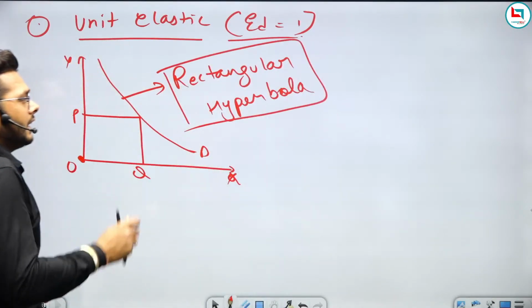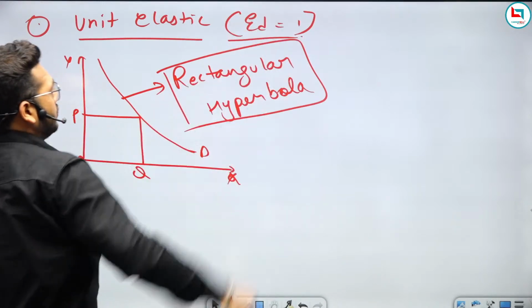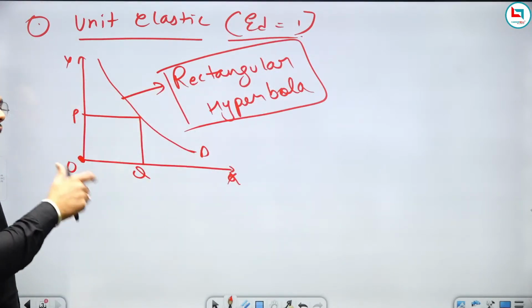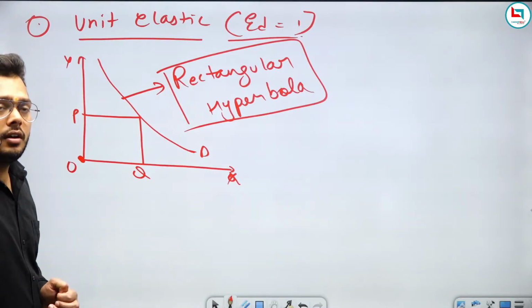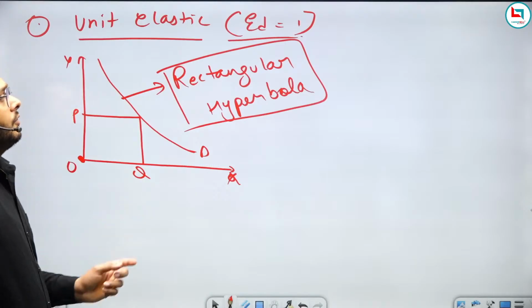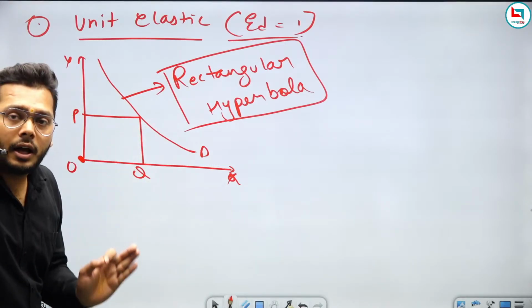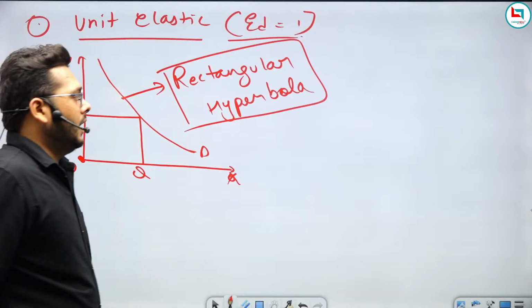If you get the rectangular hyperbola shape, we can say ED is exactly equal to one, which means unitary elastic or unit elastic, right? So if the examiner asks what is the name of the curve if ED is equal to 1, you have to answer the rectangular hyperbola. Am I clear to everyone?